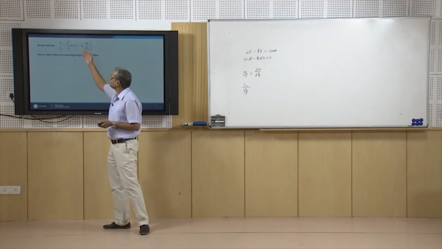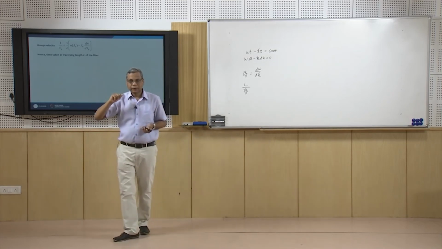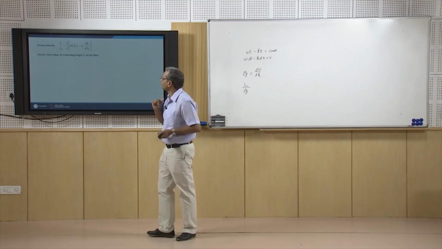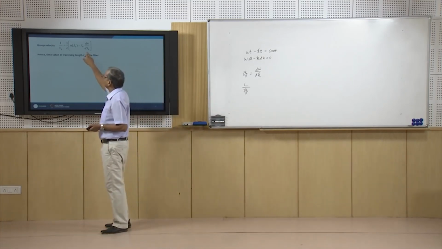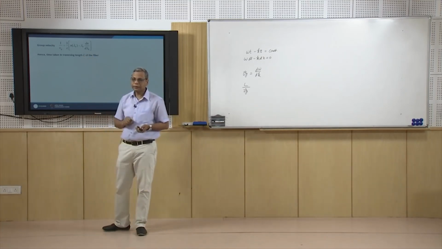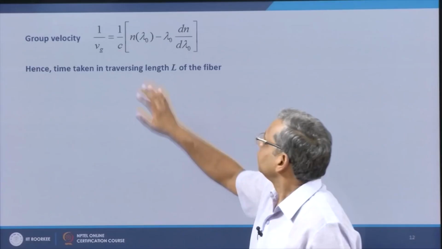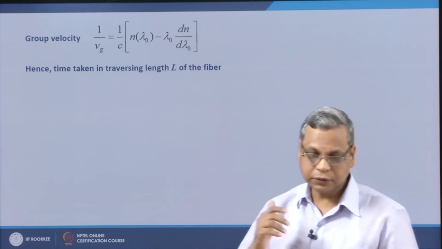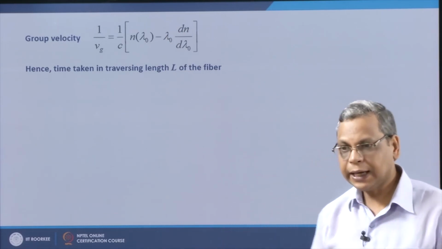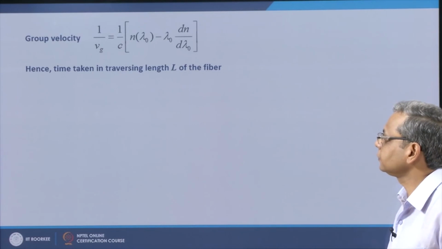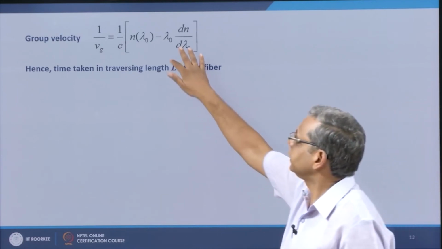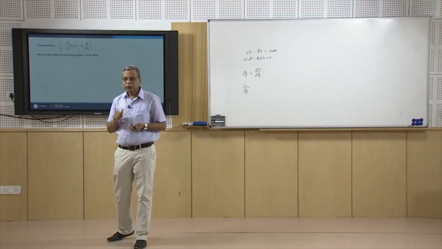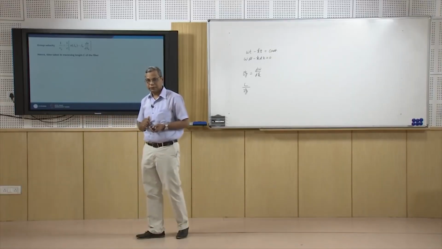Has it decreased? If I compare it with the individual wave, no, because dn over d lambda naught is negative. So, the refractive index of the group of waves, which is also known as the group index, has basically increased, and this is how the group velocity has decreased.